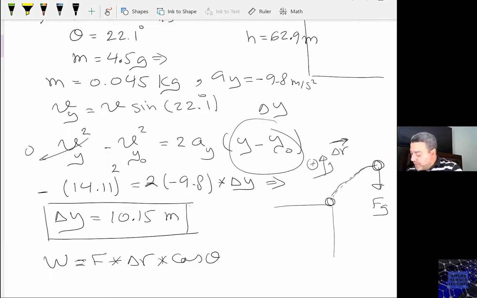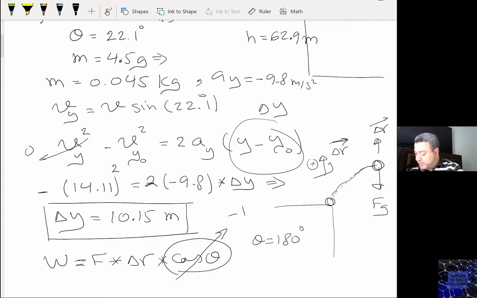So in this case, my displacement delta r is pointing up and my force is pointing downward, then theta is 180 degrees, and cosine theta here becomes -1.